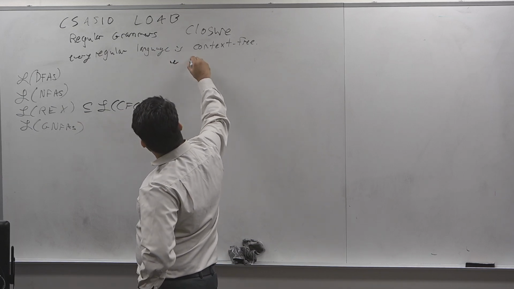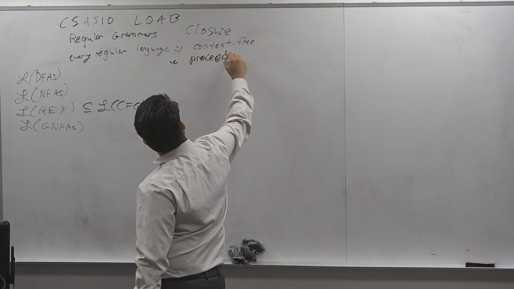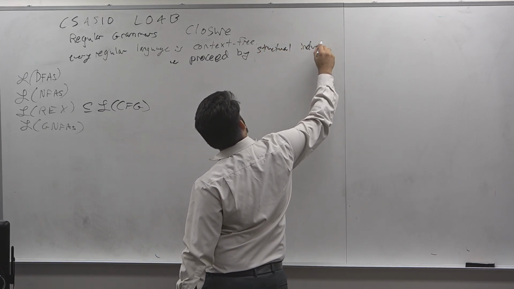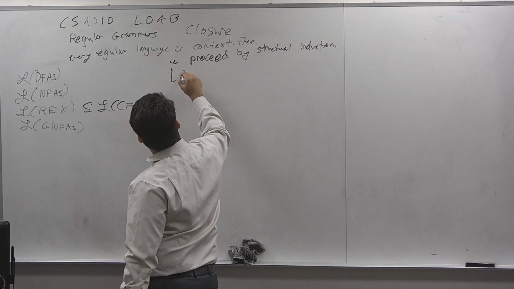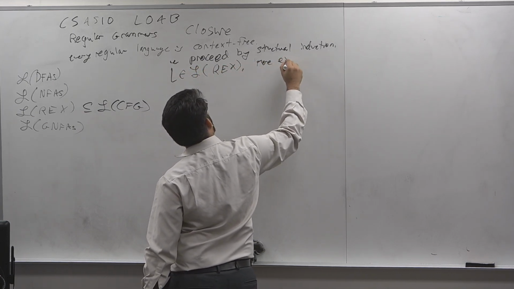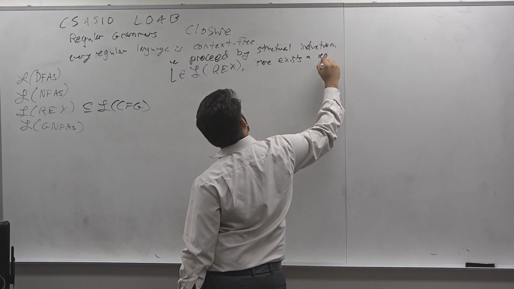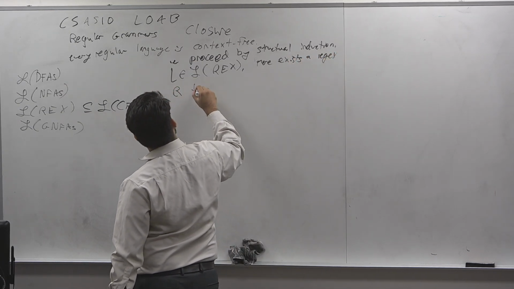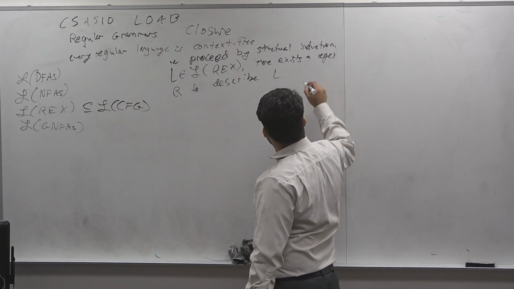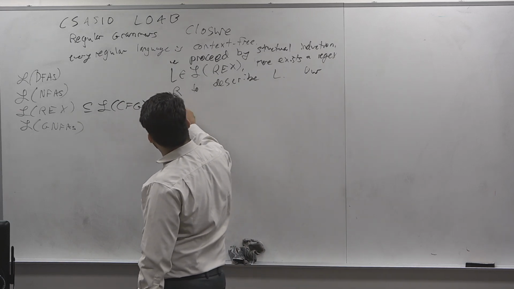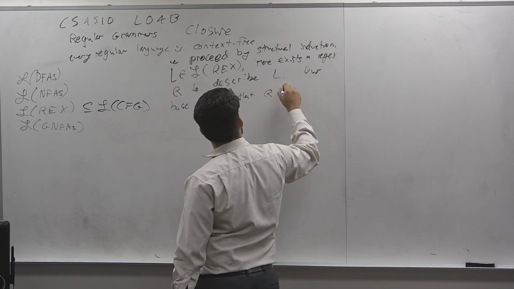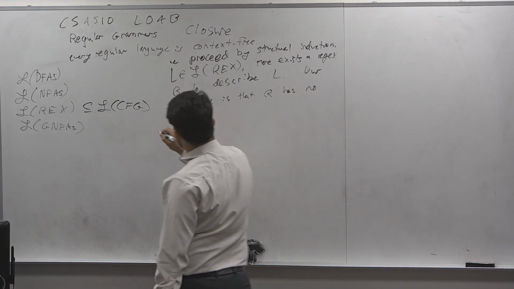So we proceed by structural induction. For L in our class, there exists a regular expression, call it R, to describe L. Our base case is that R has no recursive rules.